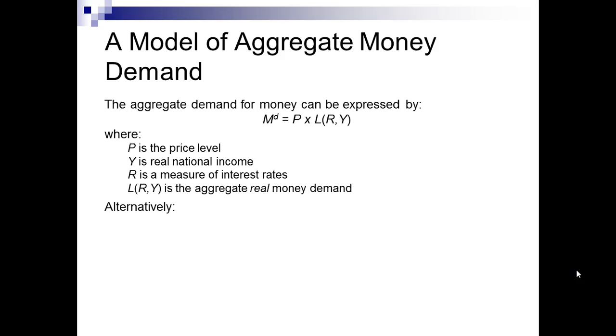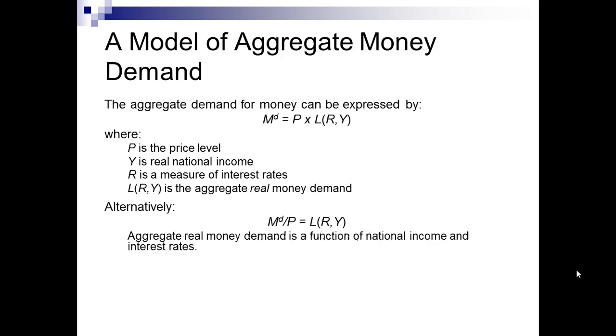Alternatively, we can rewrite this in real terms. So MD divided by P is equal to L, which is a function of R and Y. Aggregate real money demand, again, is a function of national income and interest rates.